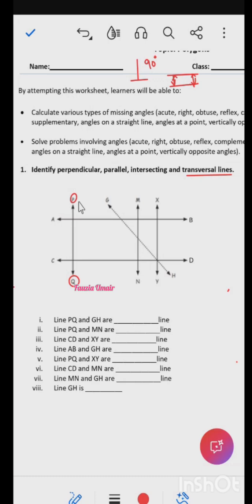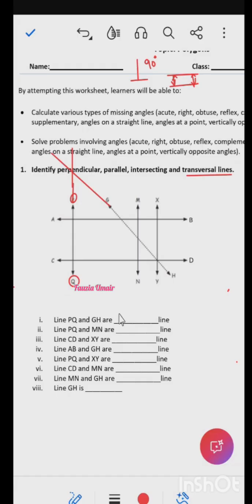So will they be intersecting lines if we extend this one? If we extend P and we extend this, are they intersecting lines? Yes, ma'am. Okay.